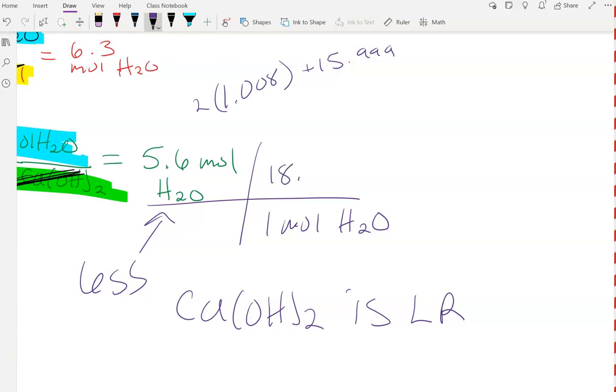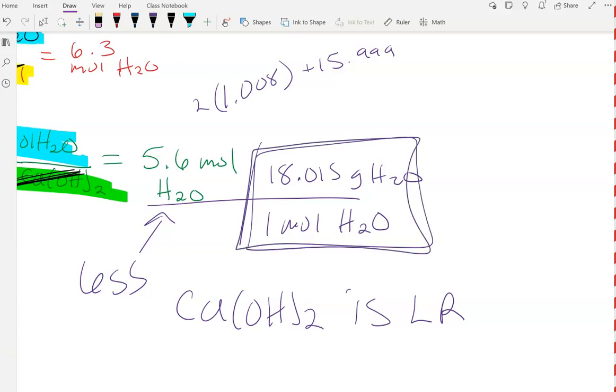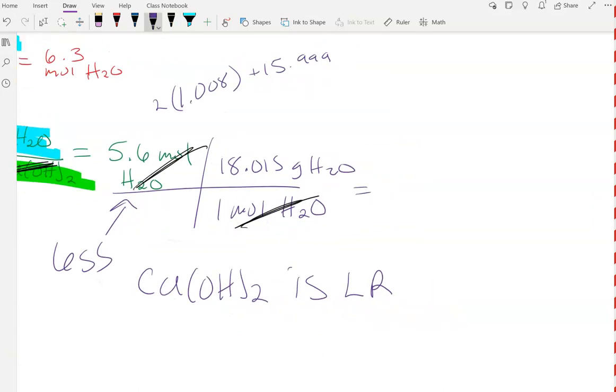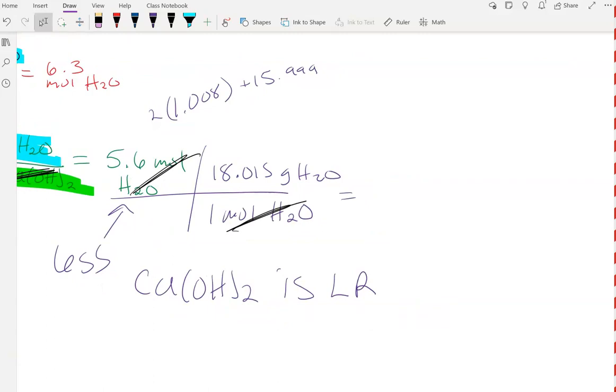So it's going to be 18.015 grams of water. And again, I put this here in the bottom, 1 mole of water, because that's equal to the molar mass. So then all I'm doing is converting moles into grams. So then I would do 5.6 times 18.015.